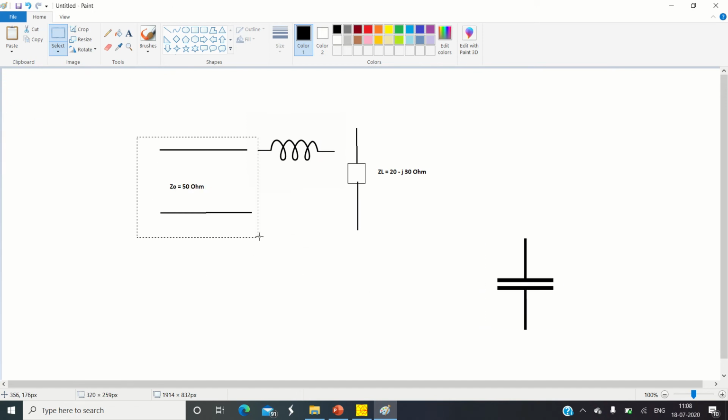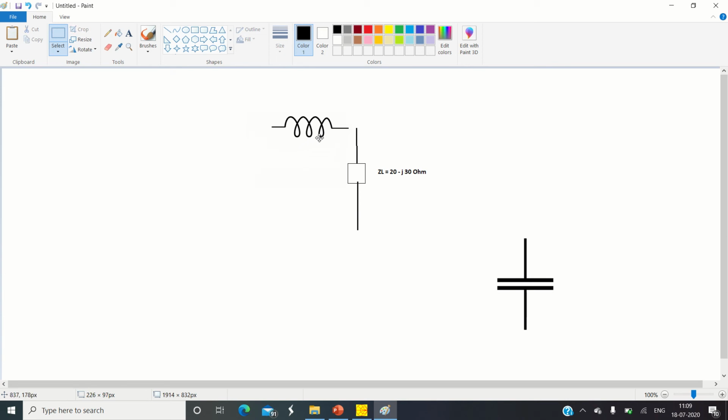So what I will do is I will redraw it again. The first element from the load is the series inductor, and the second element from the load is the parallel capacitor. Then on the left hand side we have our transmission line in this way.